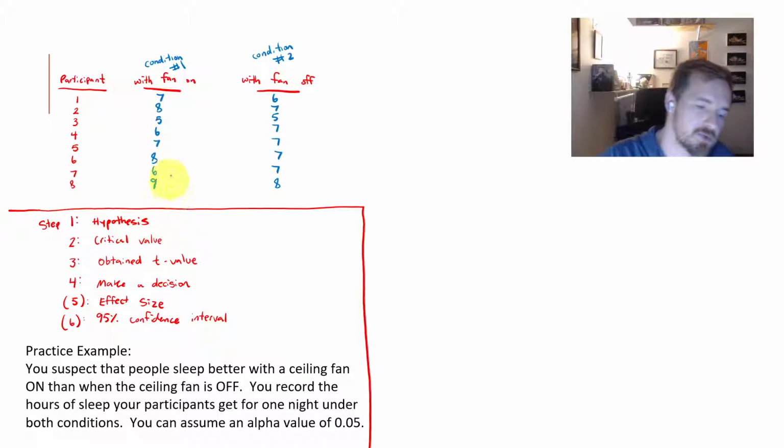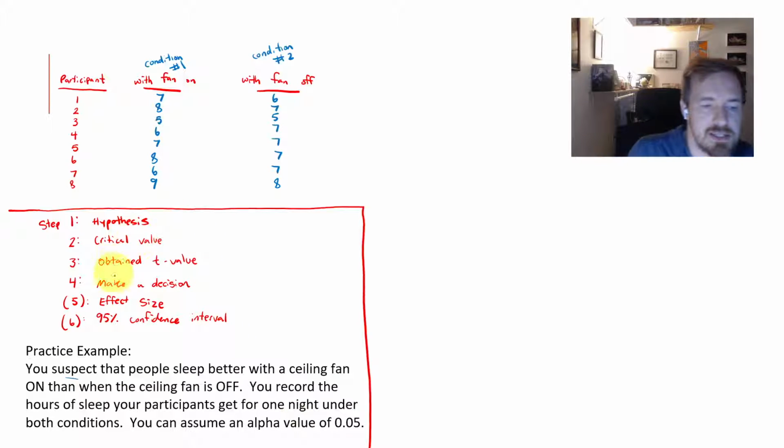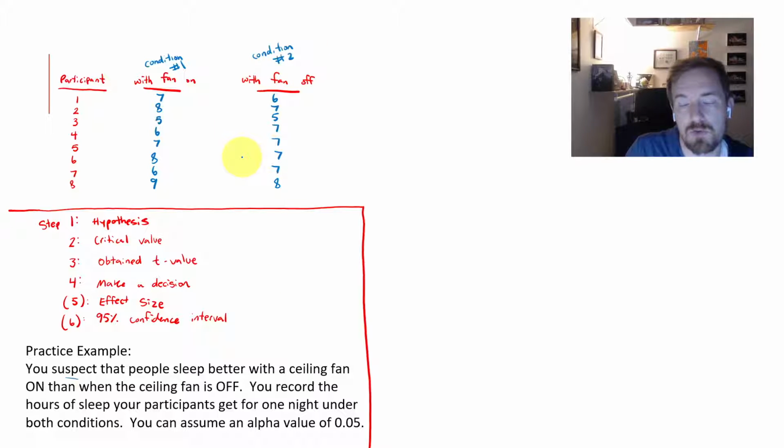What's the hypothesis? Well, I'm looking down at my practice example, and you can see that I predict that people sleep better with a ceiling fan on, which means that I suspect that this column is going to be larger than this column over here. So I am actually going to put this in this kind of notation.